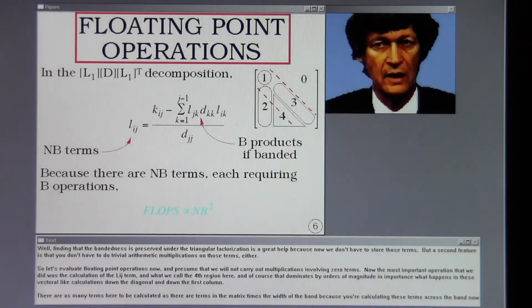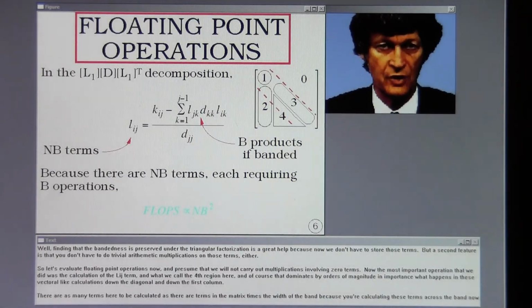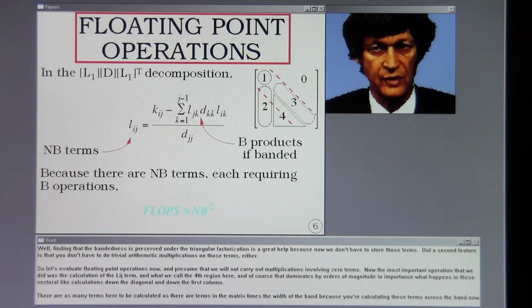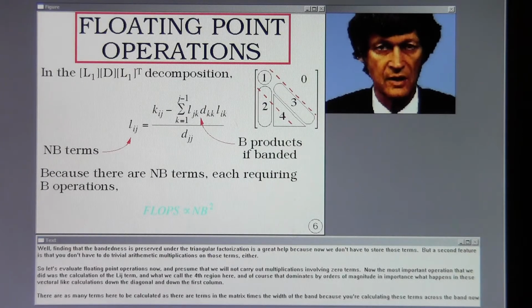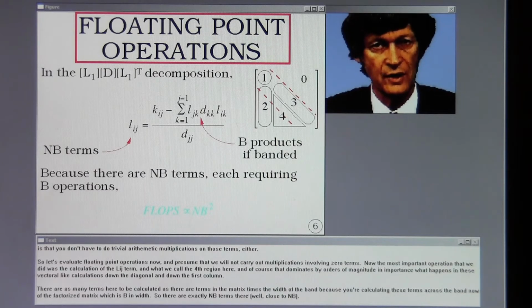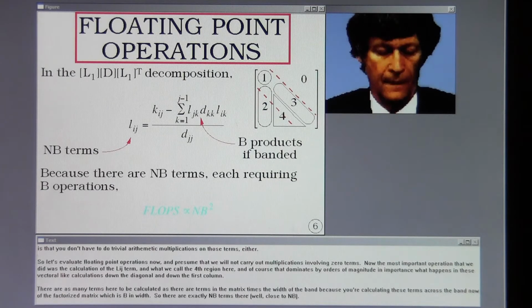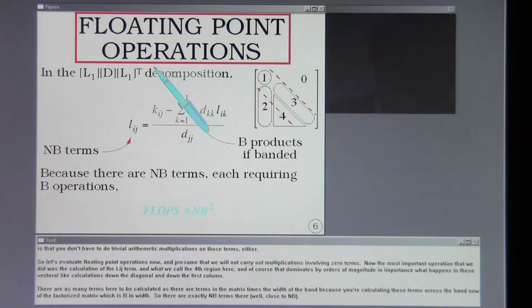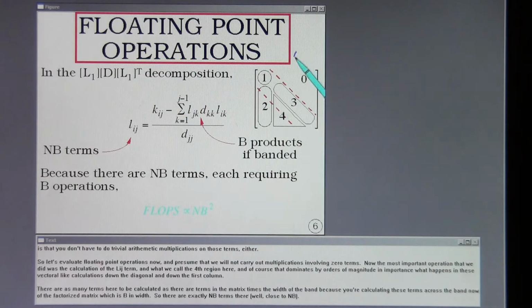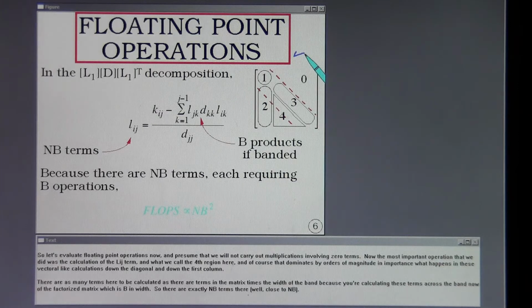Finding that the bandedness is preserved under the triangular factorization is a great help, because now we don't have to store those terms. But a second feature is that you don't have to do trivial arithmetic multiplications on those terms either. So let's evaluate floating point operations now, and presume that we will not carry out multiplications involving 0 terms.